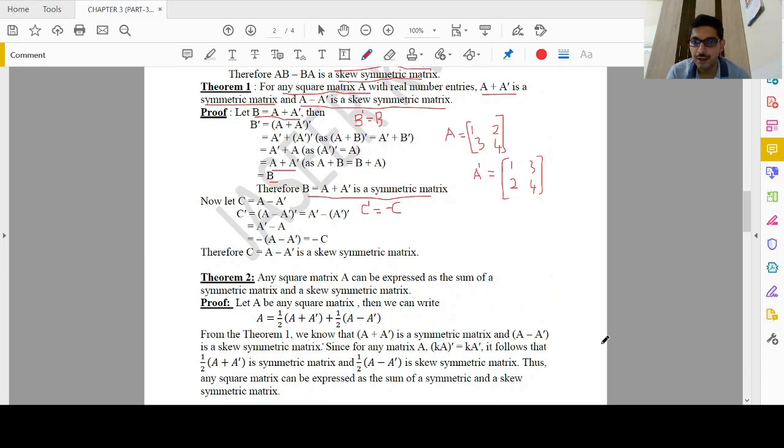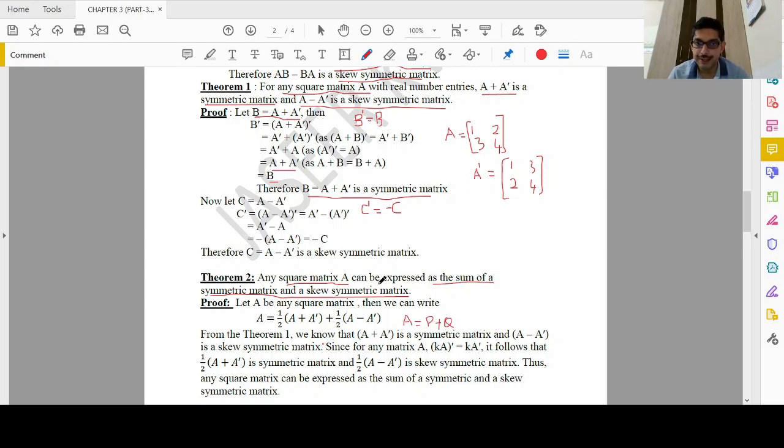Now we move to the next theorem, which is a very important and useful theorem. You are given a square matrix A. It can be expressed as the sum of a symmetric matrix and a skew symmetric matrix.